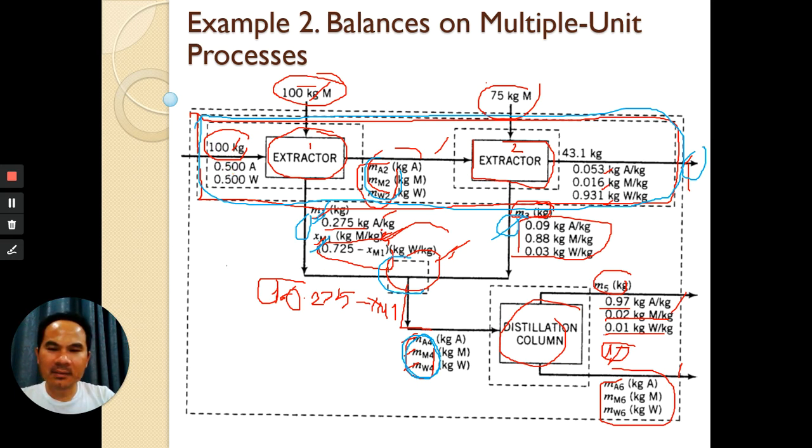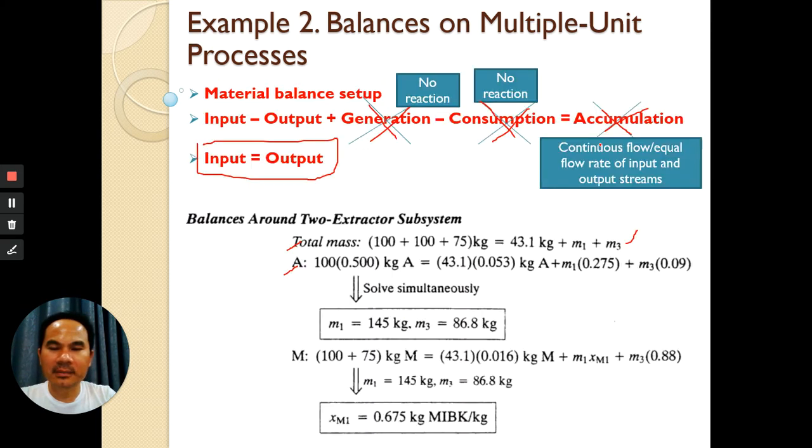And output A is M1 multiplied by 0.275 plus 0.09 M3 plus 0.053 multiplied by 43.1. This is input. This is output from the first extractor. This is output from the second extractor.